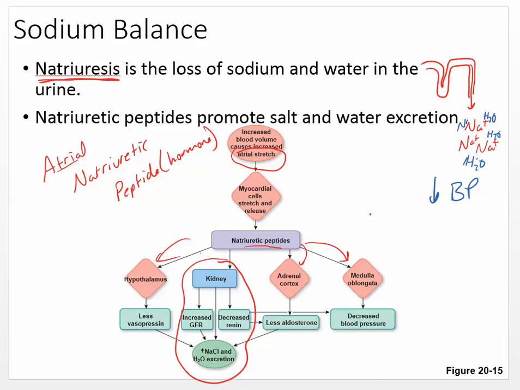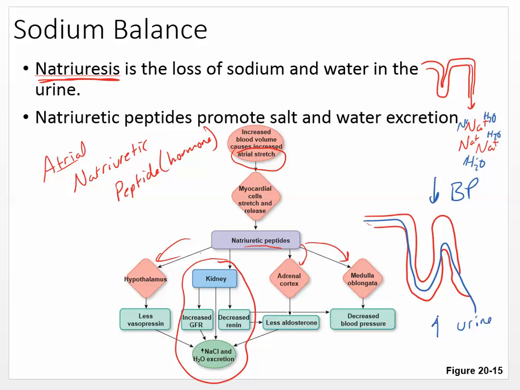Okay, we haven't talked a whole lot about that, but if you increase GFR, that means you're pushing fluid through more quickly, fluid's entering the nephron more quickly, and then you produce urine more quickly. So you increase urine, which means that you decrease water in the body. Okay, so that's going to lower the blood pressure.